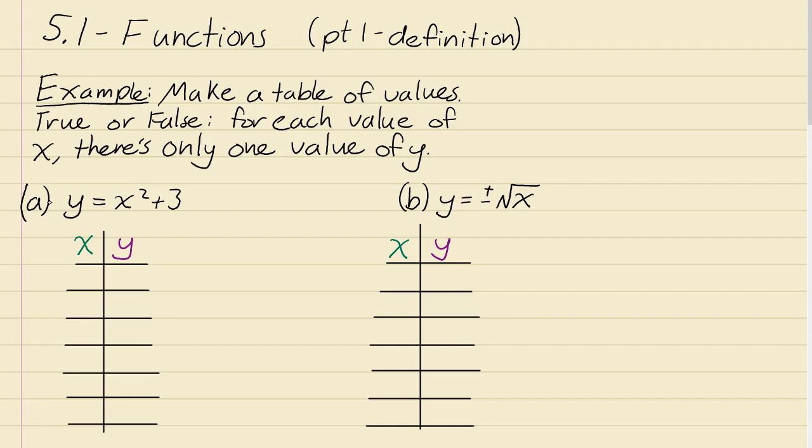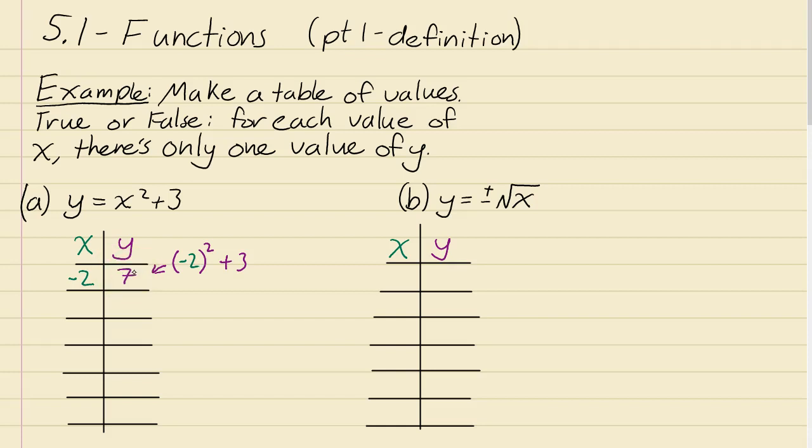So first, let's just pick some values of x. Let's start with like -2, a nice negative number here. So the y coordinate there is going to be the x coordinate squared plus 3, and we're plugging in x equals -2 into that. So -2 squared becomes +4, and 4 plus 3 is 7.